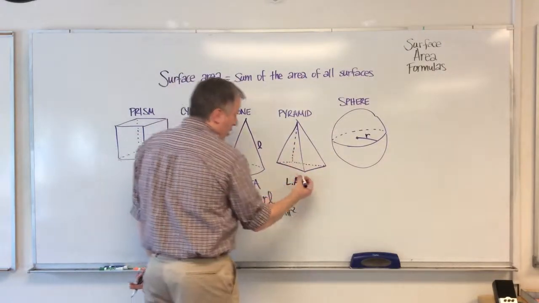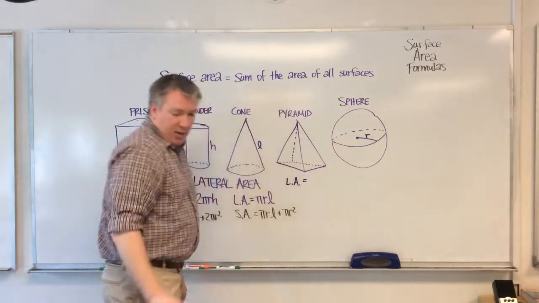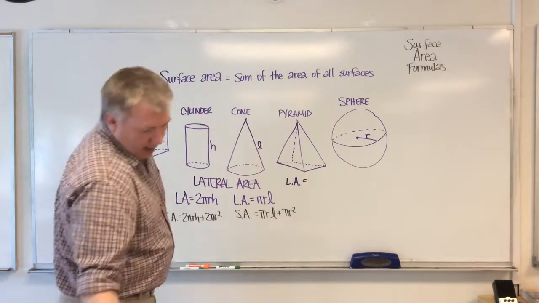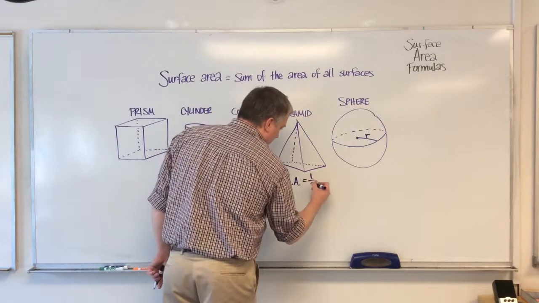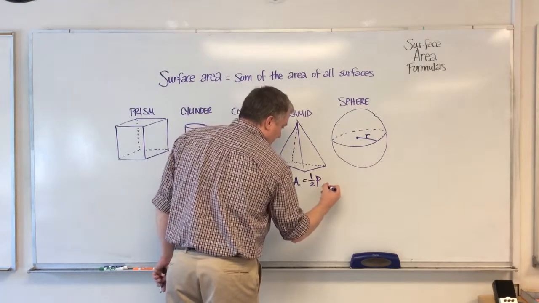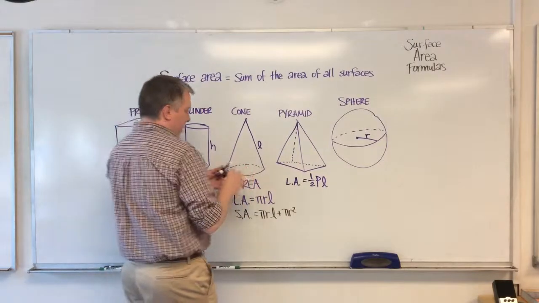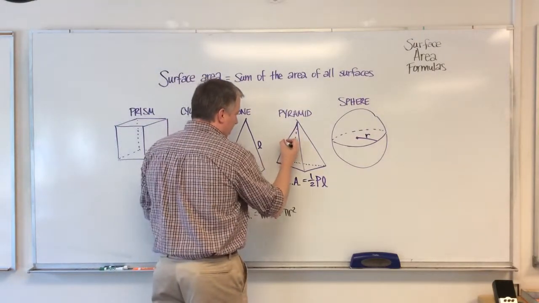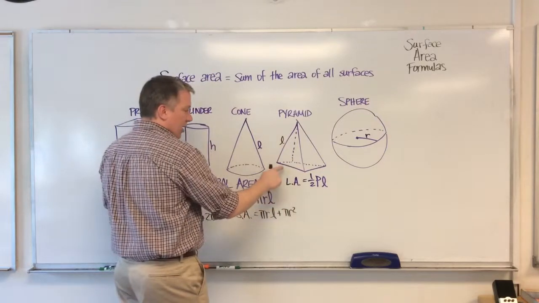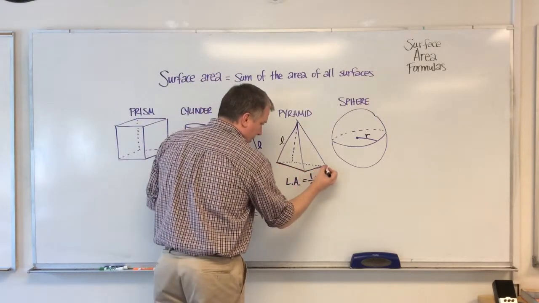If we want to find the lateral area, that is equal to 1/2 of the perimeter times the length. So again, just like the cone, the length is down the side, and the perimeter is the perimeter of the base.